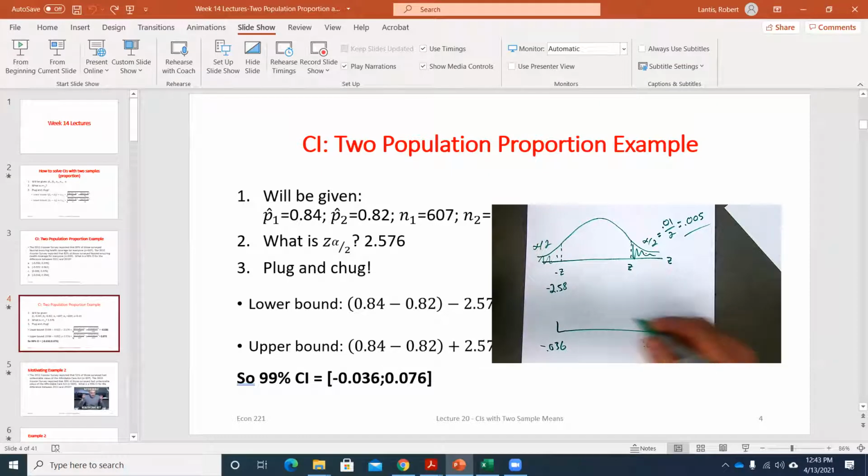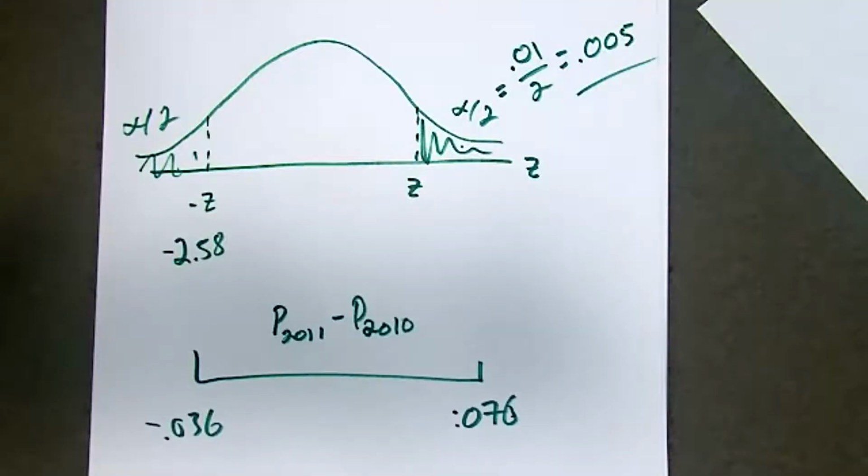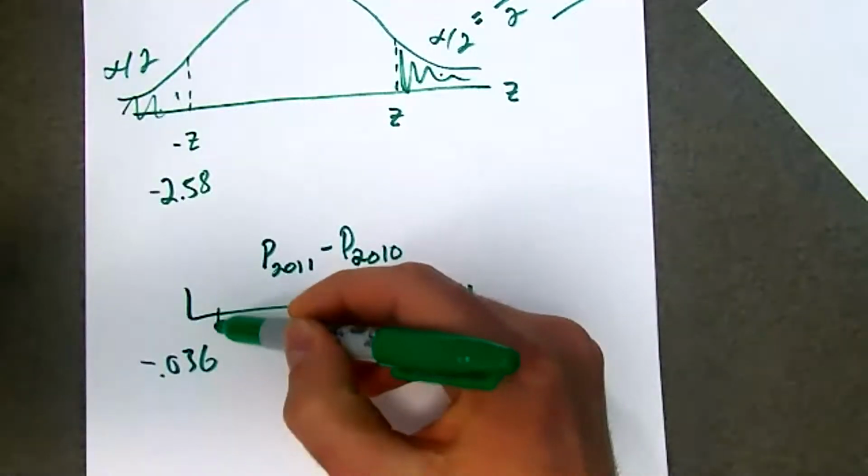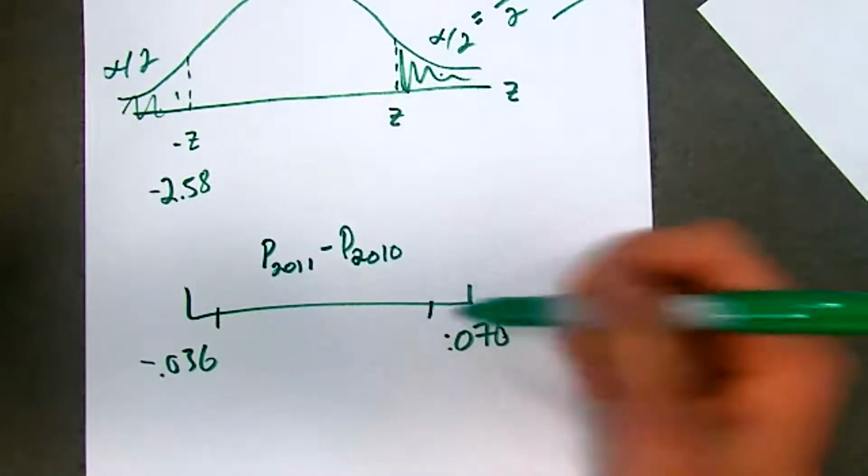What this is saying is that the true difference between 2011 and 2010 could be a negative value. It could be a positive value.